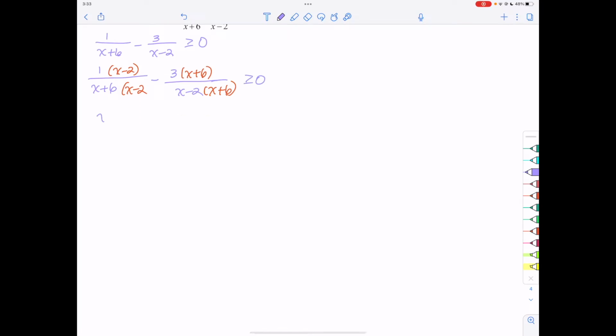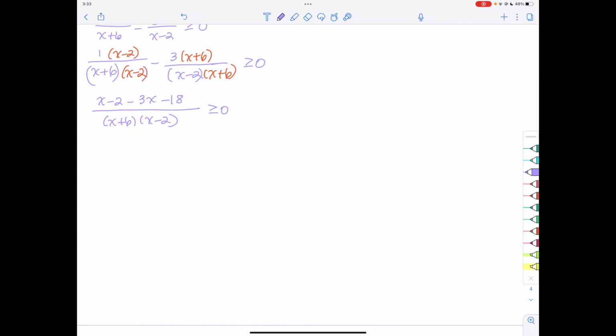So multiplying that through, we have x minus 2 minus 3x minus 18 all divided by x plus 6 multiplied by x minus 2. Okay, and that's greater than or equal to 0.